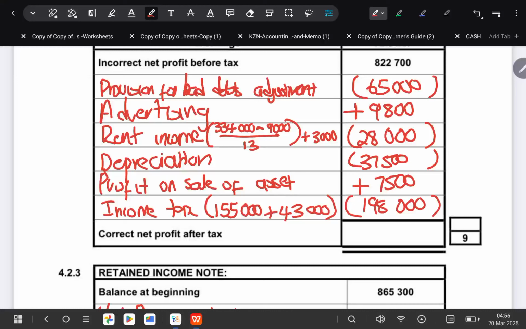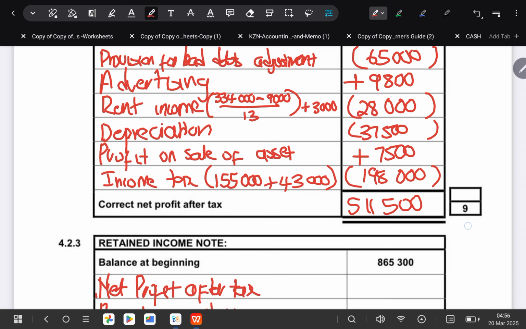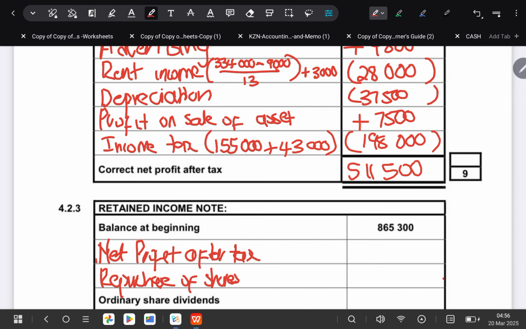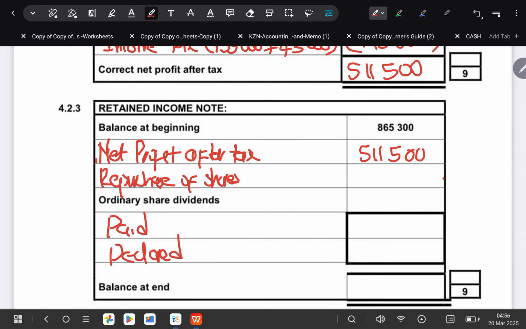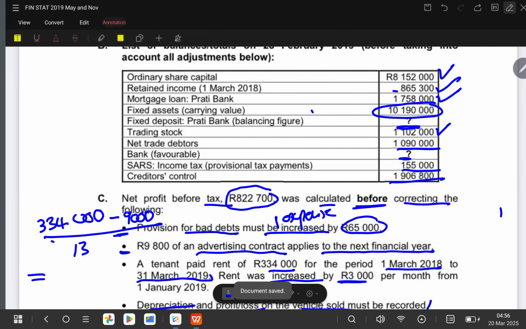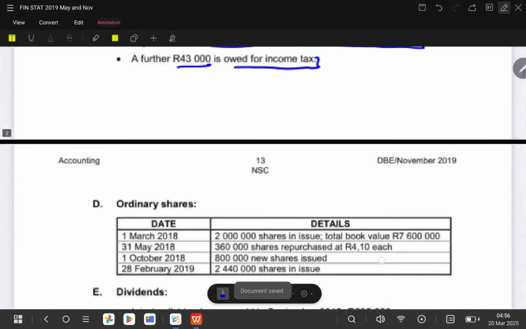Then it's going to give us 511,500. Now this 511,500 is supposed to go to our retained income note, so we have that 511,500 here. Okay, and then after this you move to the information about the repurchase of shares. Let's hear what they're saying.